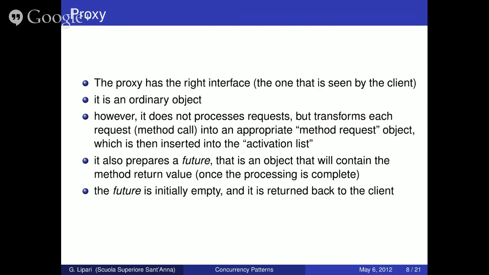So the client can continue executing, and later on will synchronize with the future. On the other side, the proxy has prepared this packaged task, and will put it somewhere in an activation list, so that later on the server can decide to execute it concurrently or not.